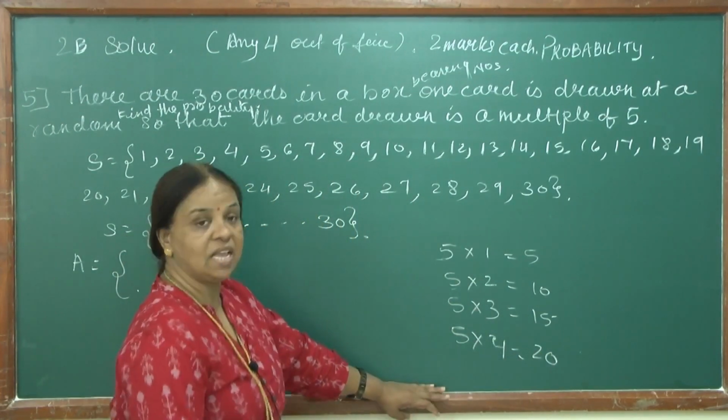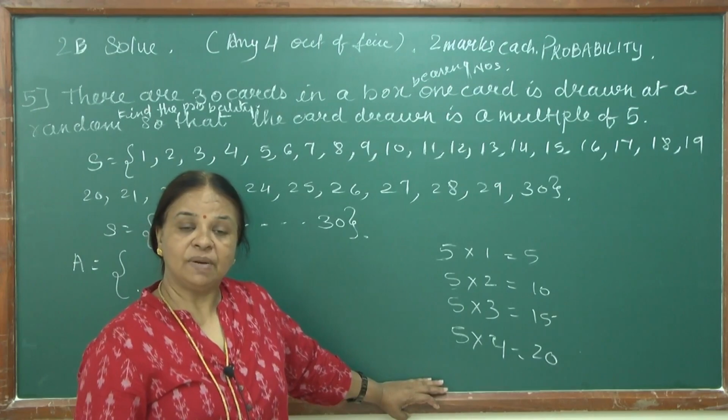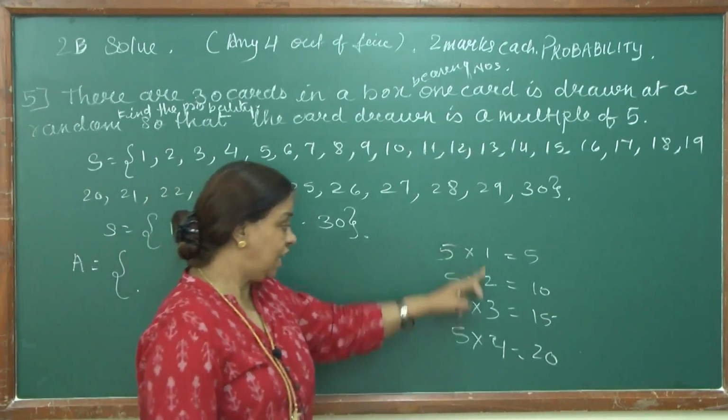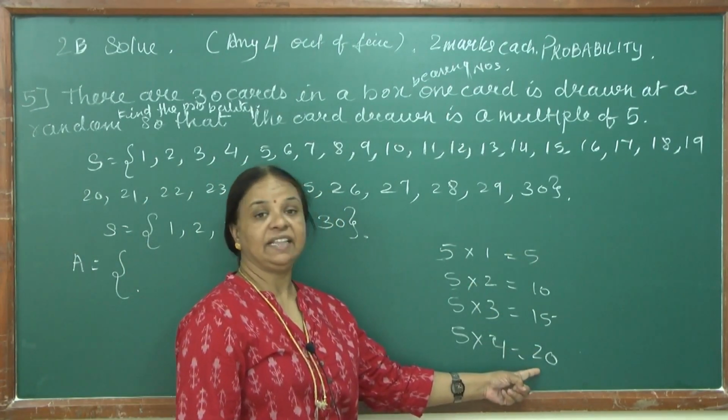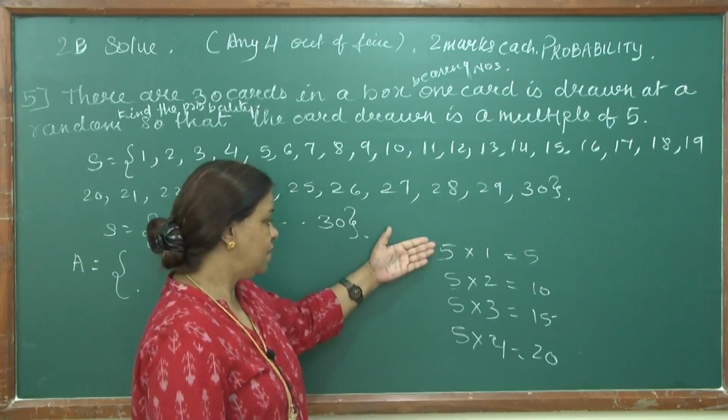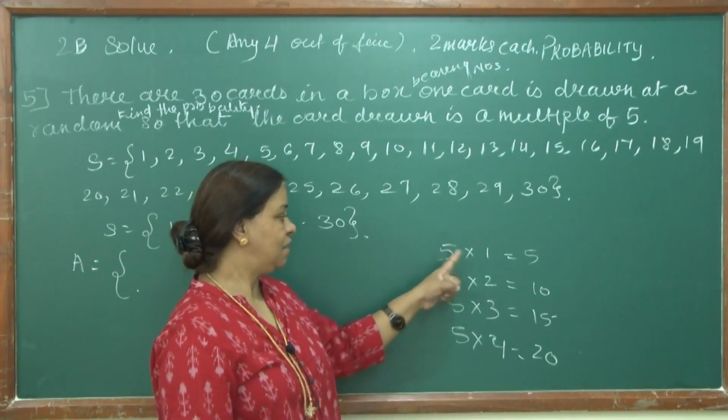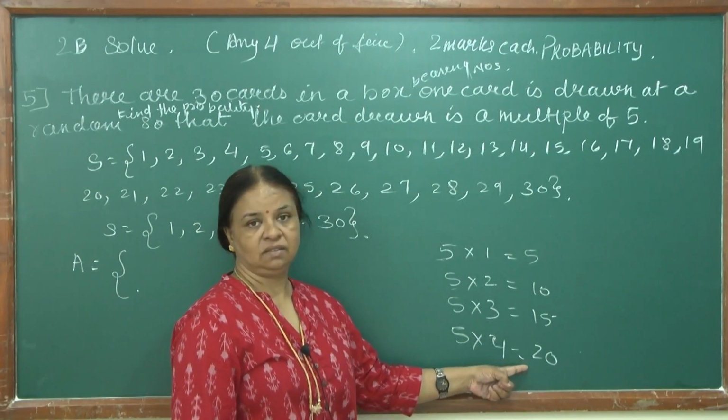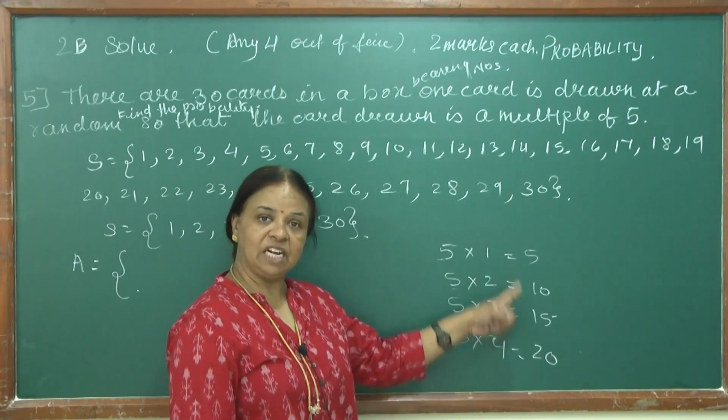If I multiply the number with an integer, the numbers which I get are multiples.